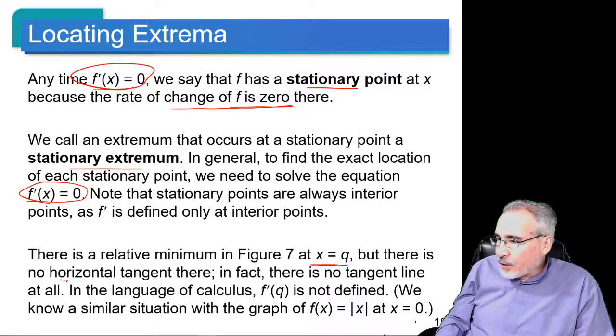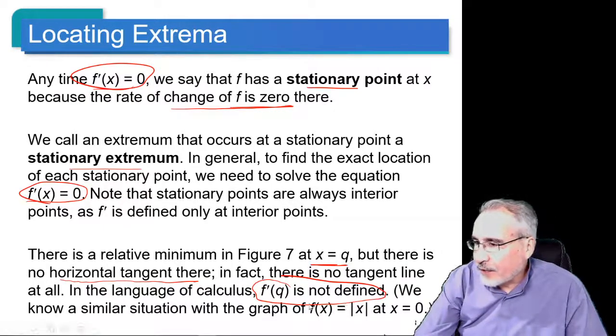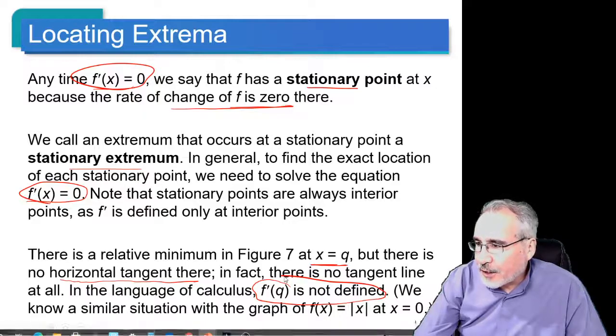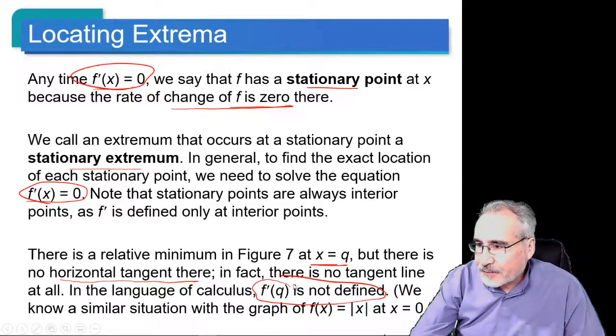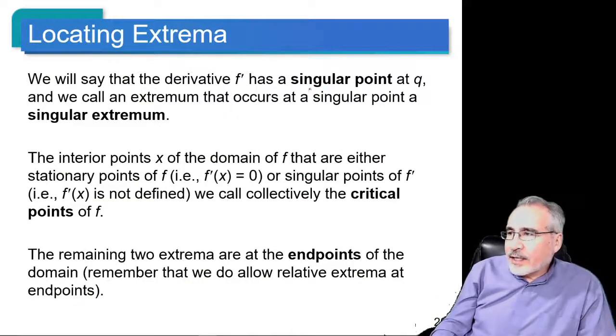Now there could be not a horizontal tangent line. There could be a place where the derivative is not defined. Okay, so like the absolute value of x, they're giving us this example. That's what we're going to call the singular point. And again, I looked through the homework.